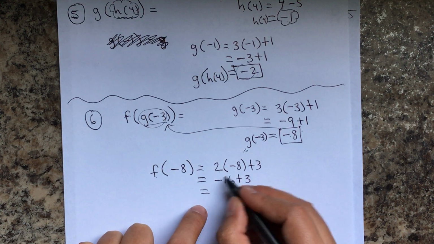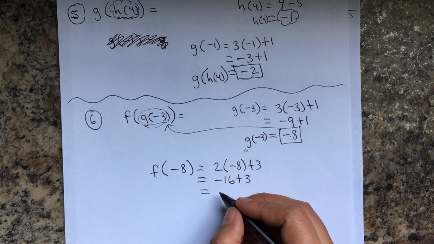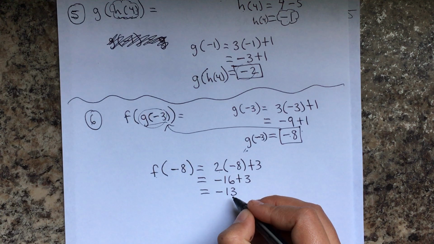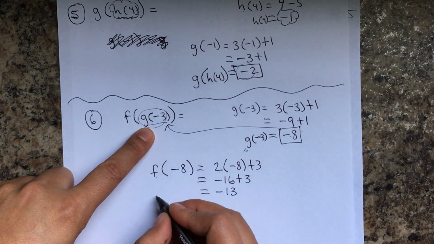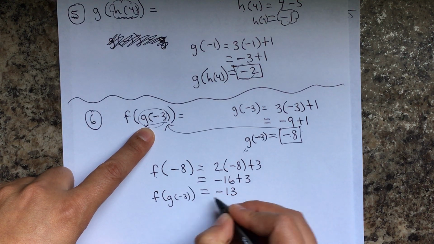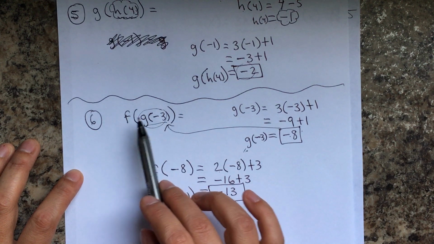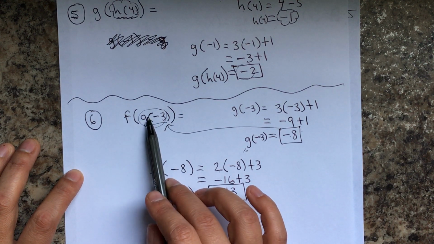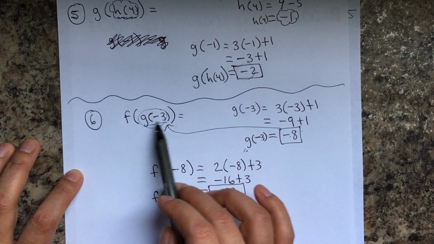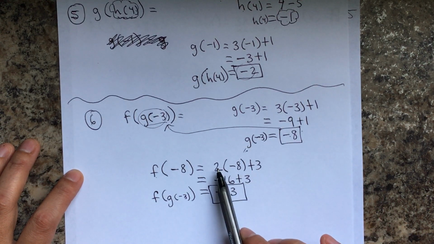And so if I have -16 and +3, remember different signs we subtract and leave the sign of the greater one. So it's going to be -13. So for the whole thing, f of g of -3 is equal to -13. Remember, it has one function, another function, but that middle function has a value instead of an x. That's when you have to do 2 different processes.